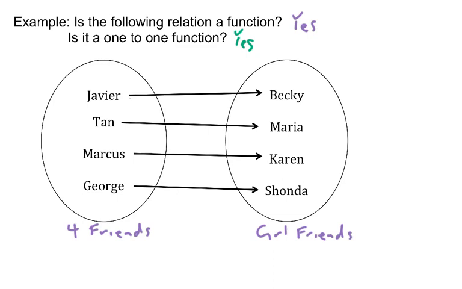If we had, for example, maybe a third person down here, maybe Mike, and he was paired with Karen, we'd still have a function because there's no repeated values of the domain element, but this would not be a one-to-one function because Karen would be paired with both Marcus and Mike. And that would still, I think, be a problem. Most likely.